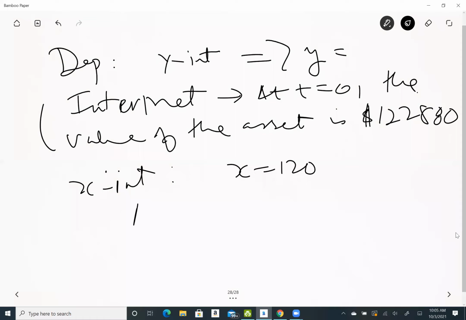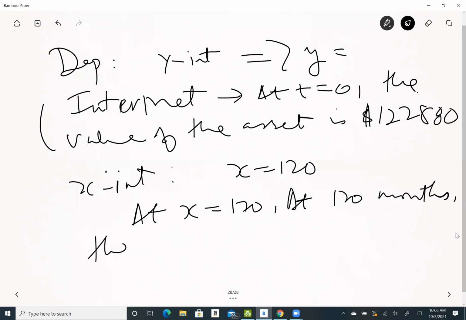It means that at 120 months, which is the time period, the value of the asset is 0. Okay, so that is the interpretation of the intercept.